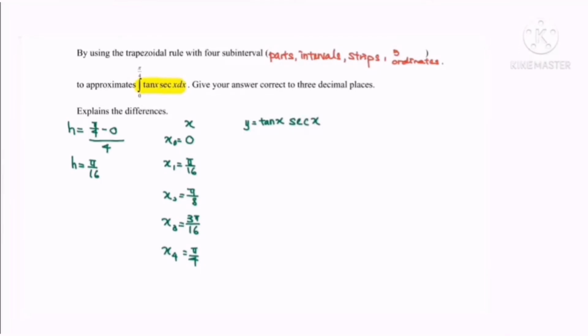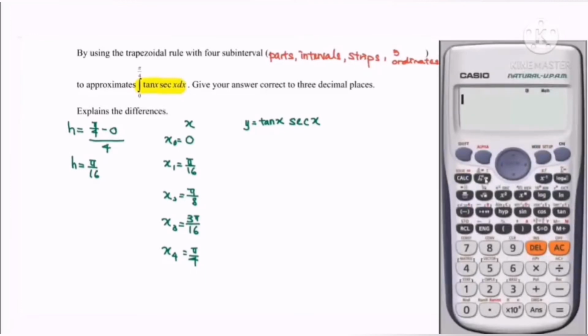So do remember by referring to the calculator, we have the situation. Change the mode: shift mode, referring to number 4, and we have the radian. So now the mode is in radian. Kindly key in the calculator.